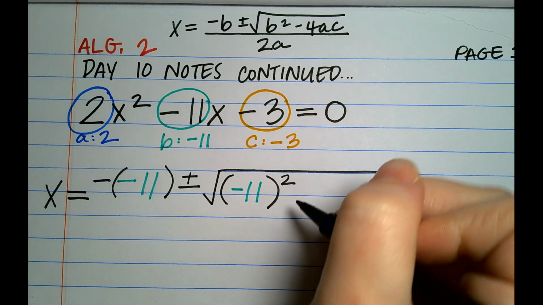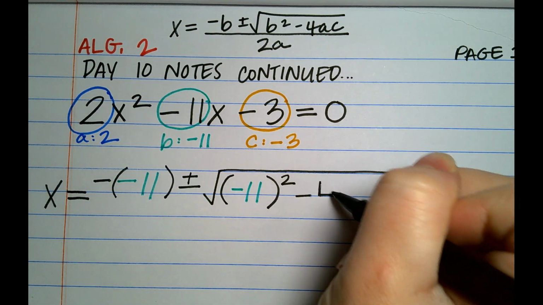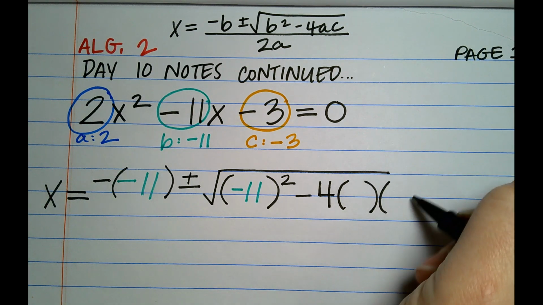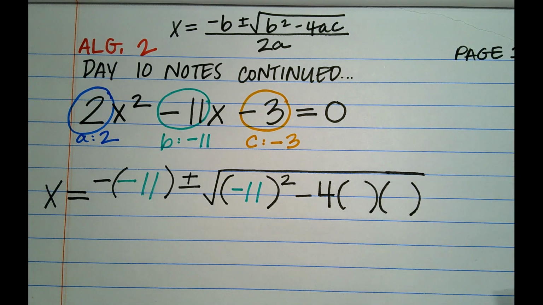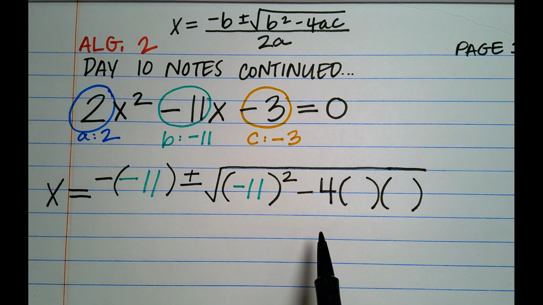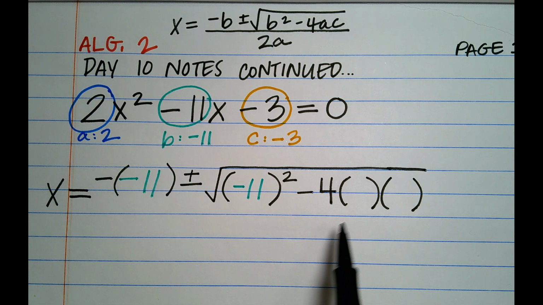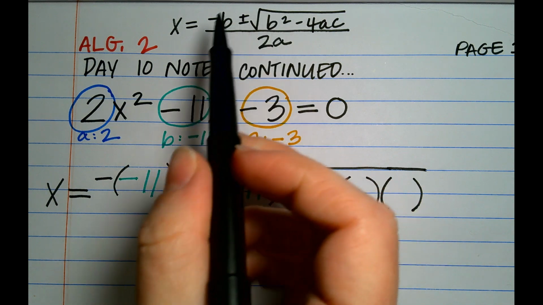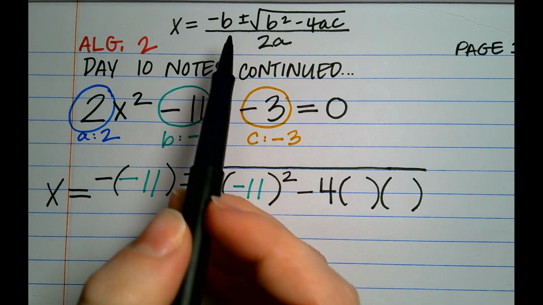Now we can do the minus 4. And we have 2 more things to plug in after the 4. Oh, so you have to put negative 4 because of the formula? Yes, yes. The formula, you cannot change anything except for the letters.